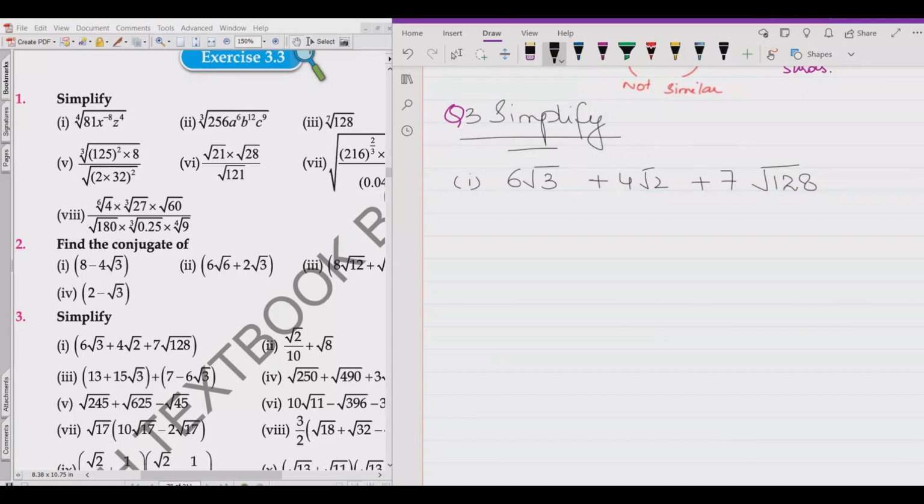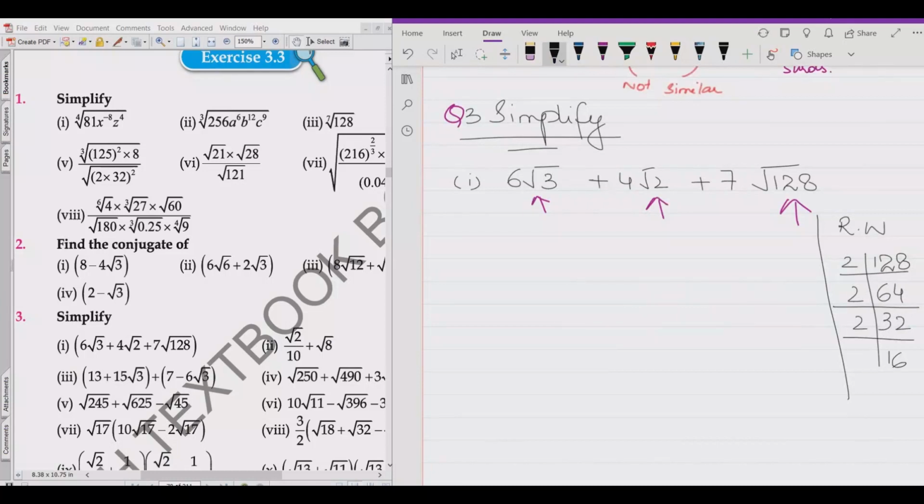Now we can see that all three of these surd terms are not similar, so we cannot easily add them. So what we do is make a rough work here and take the factors of 128. 2 6s are 12, 2 4s are 8, 2 3s are 6, 2 2s are 4, 2 1s are 2.